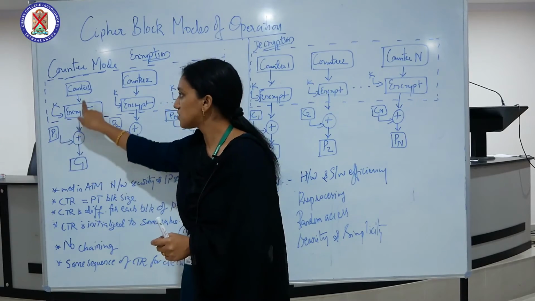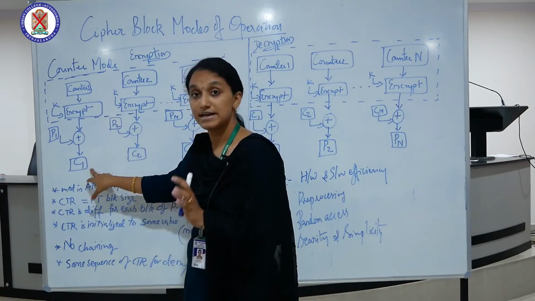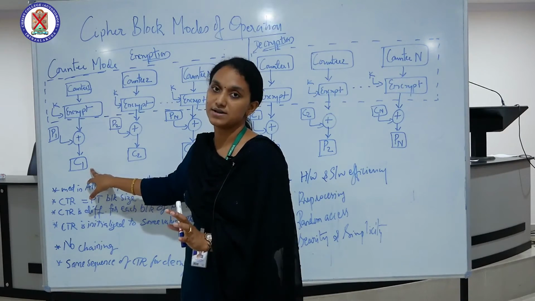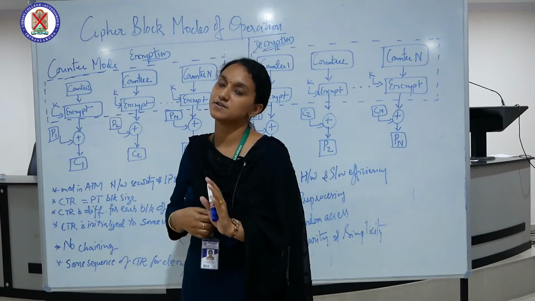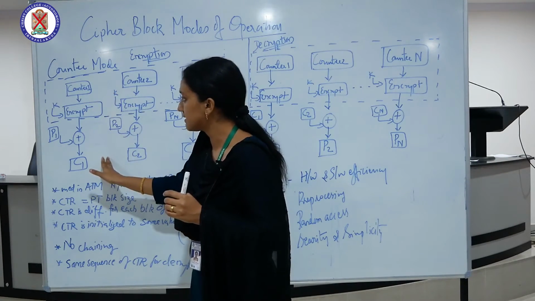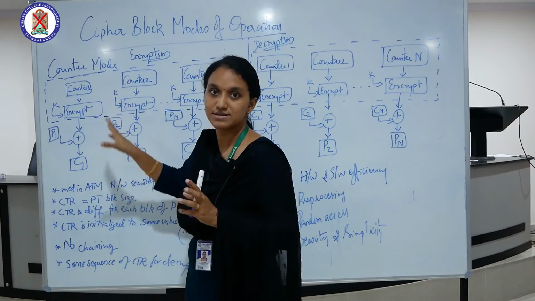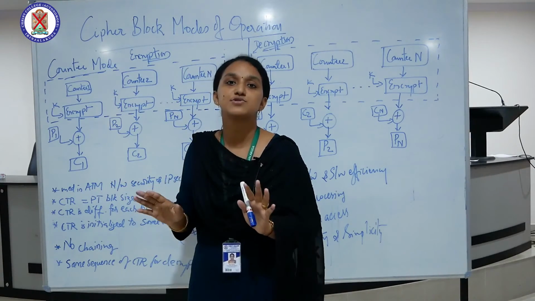So P1 XOR the encrypted counter generates C1, the first unit of your ciphertext. Nothing goes from here to the next block; there is no chaining at all.